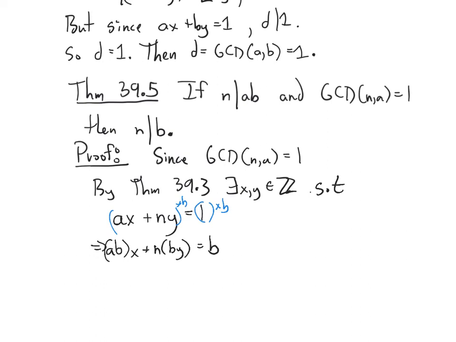But let's look at these two terms here. So we know the following. We know that, well, here's AB. By hypothesis, n is a factor of AB. And, of course, n is a factor of n. So n is a factor of both terms, so n is a factor of the entire left-hand side. So let's write that down.